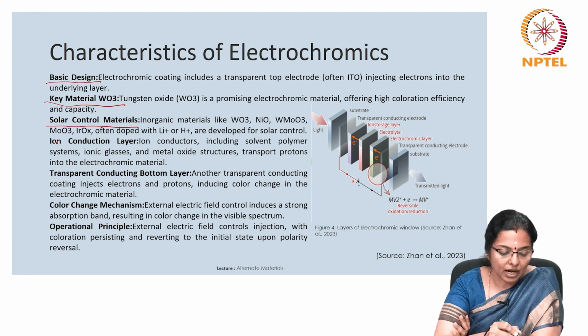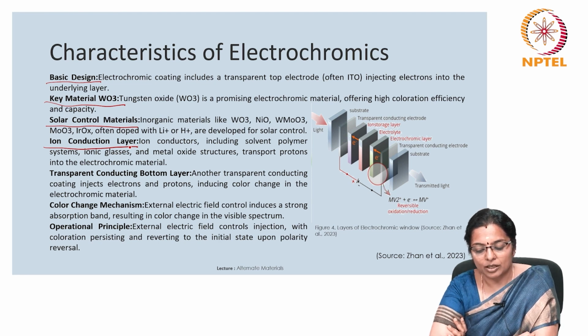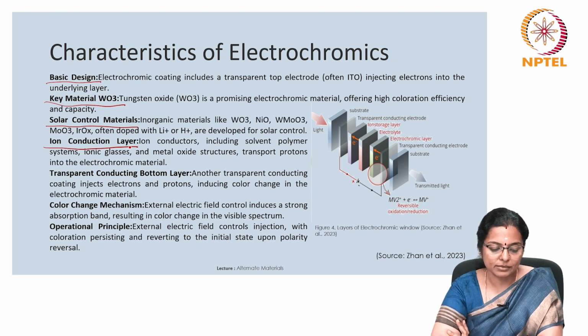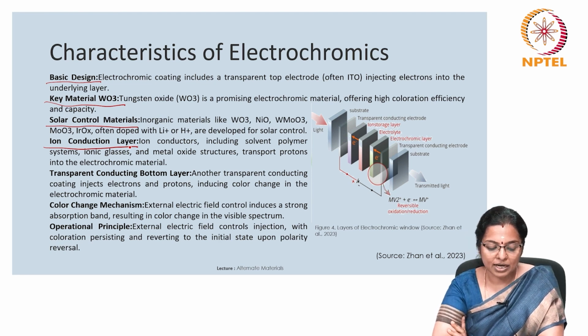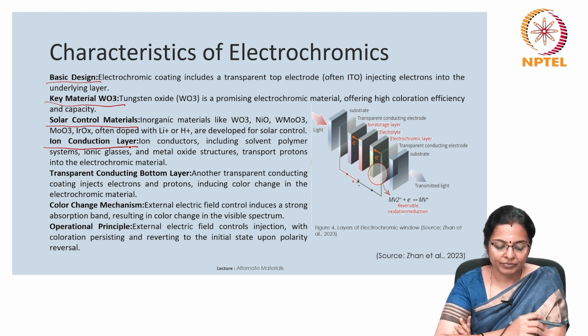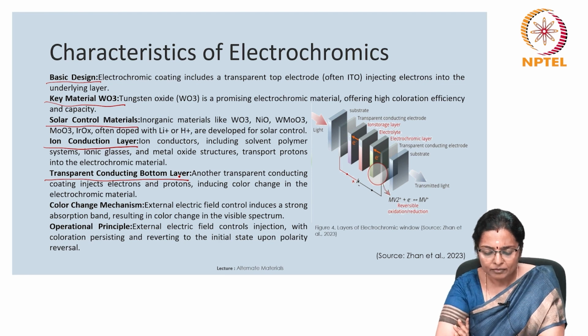There is an ion conduction layer. Ion conductors including solvent polymer systems, ionic glasses and metal oxide structures transport protons into the electrochromic material. The transparent conducting bottom layer, this is another transparent conducting coating, injects electrons and protons inducing color change in the electrochromic material.